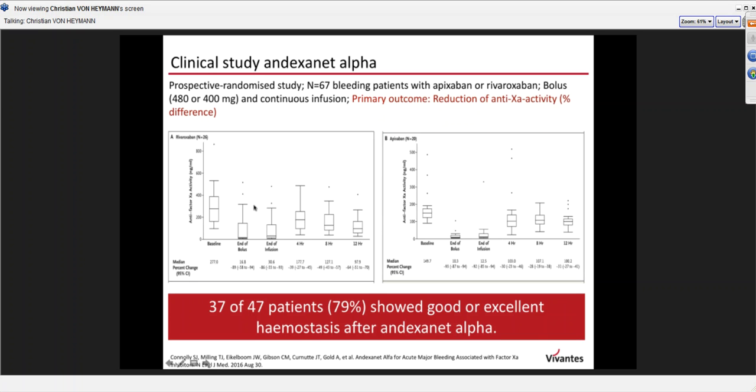There is a much higher scattering of the values after the end of the bolus and end of the infusion.